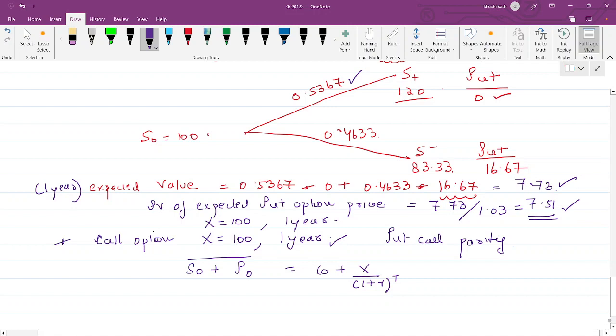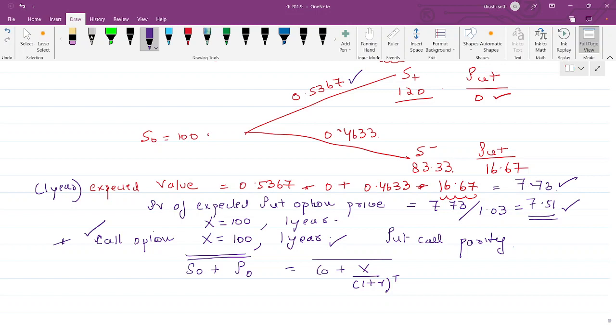Because they are going to give us the same payoff at expiry. Both these portfolios give us the same payoff at expiry of this call and this put. So they should trade at the same cost anytime before expiry. Okay? So we can use the put call parity relationship to calculate the call option ka premium.